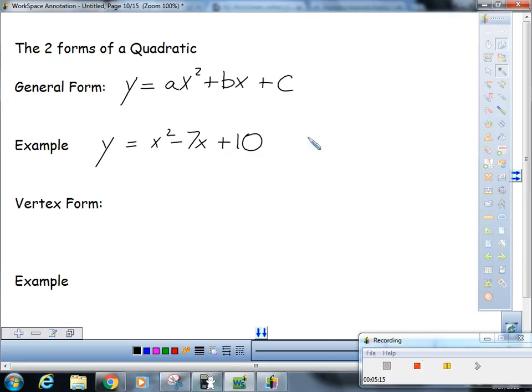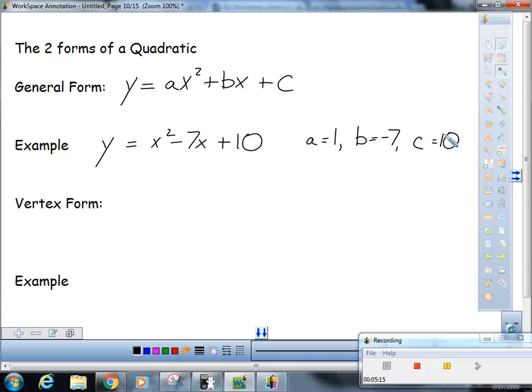In this case, a equals 1, b equals -7, and c equals 10. And hopefully you recognize this form because you've used it in the quadratic formula before. x equals minus b plus or minus the square root of b squared minus 4ac all over 2a. Okay, so hopefully that's a form that you're comfortable with.